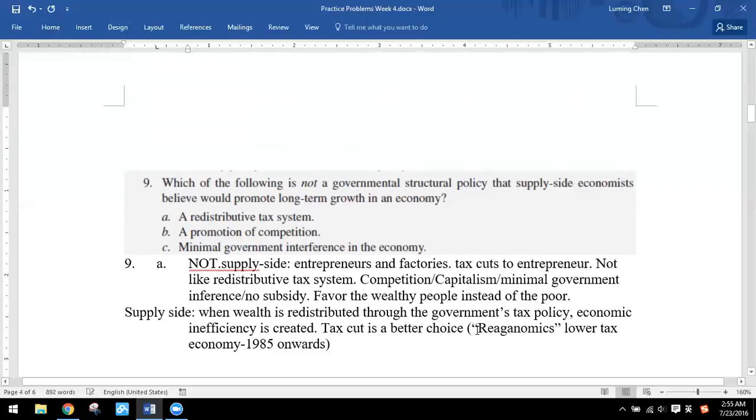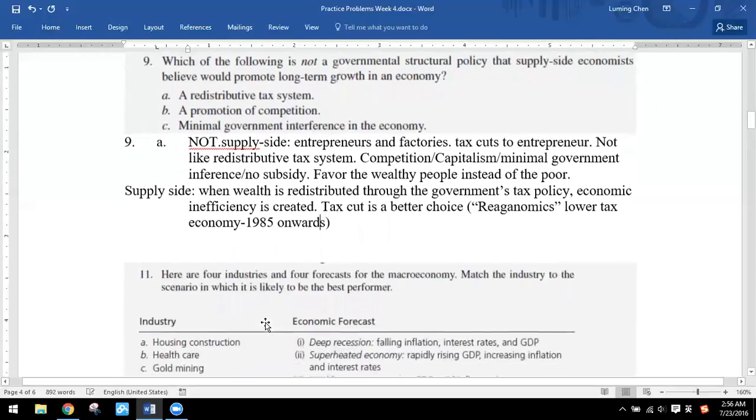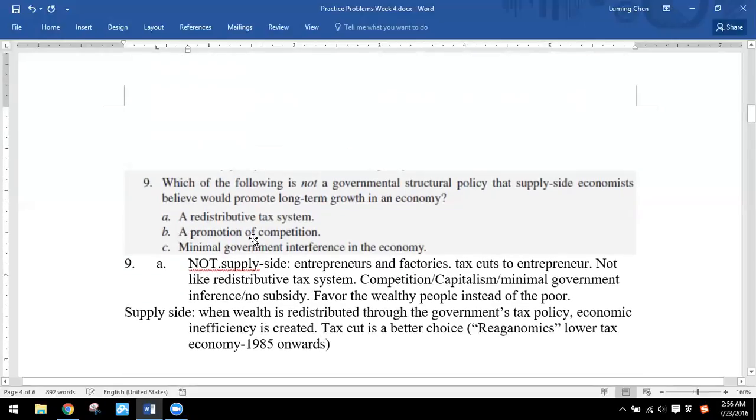The famous word Reaganomics means lower tax rate, and other supply-side stimulations that keep the economy growing from 1985 onwards. A promotion of competition is surely the favorite of supply-side economics, and minimal government influence in the economy is almost the same as a promotion of competition.